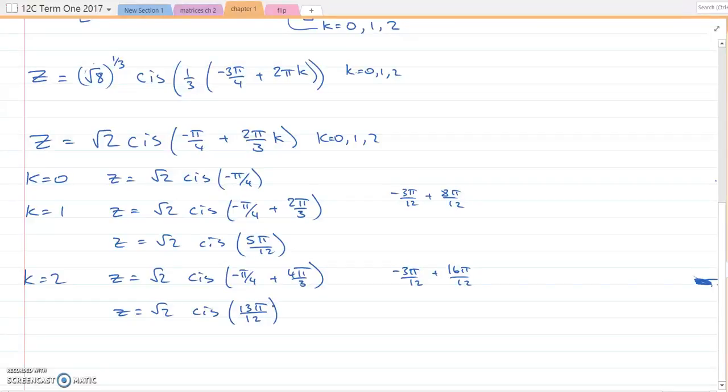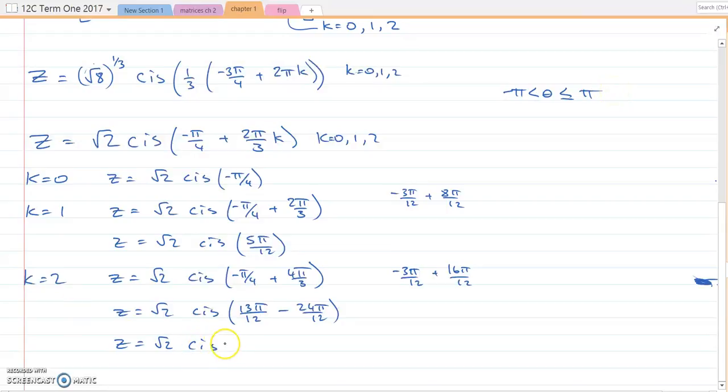So we're going to subtract 2 pi, which is 24 pi over 12, to get it in the proper bounds of negative pi to pi for these angles.